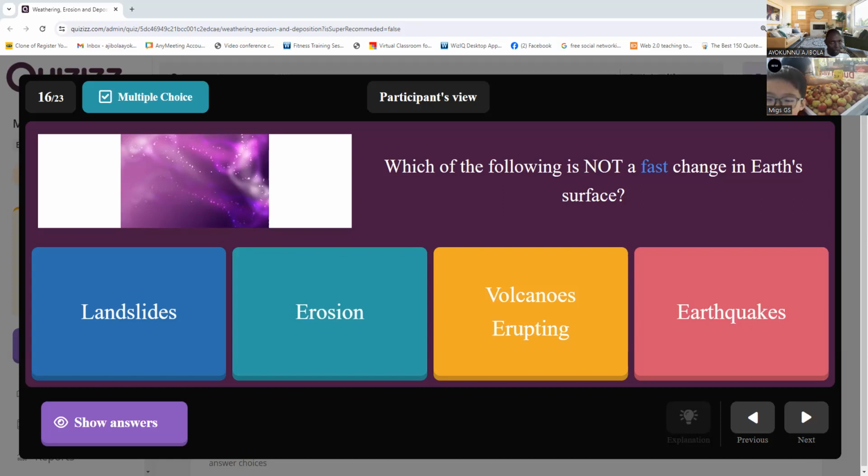So if we pick erosion against the volcanic eruption that could take thousands of years, is that clear? It's clear.